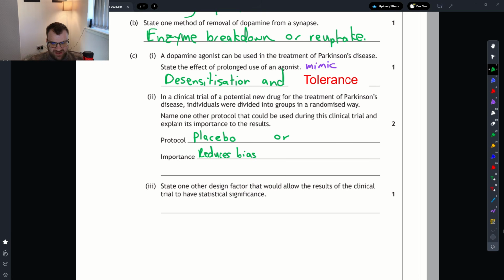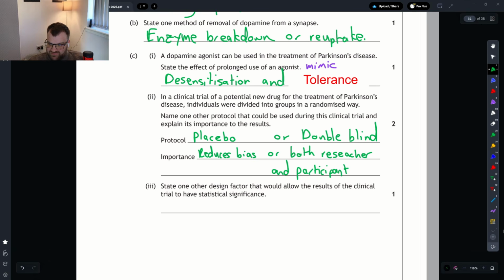Kind of leads us into the double blind idea, where both the researcher and participant don't know who's been given the drug or the placebo. So, it's not asking us what they are. Hang on. It's why they're important. So by nobody knowing which one's which, you can get valid comparisons between them.